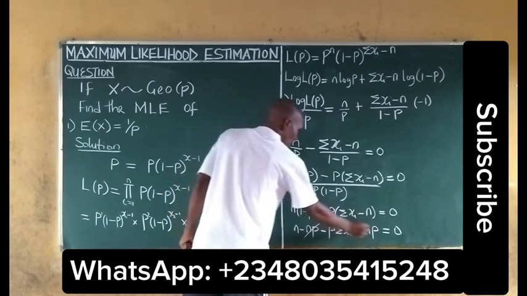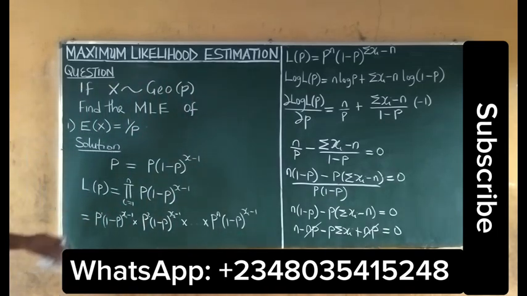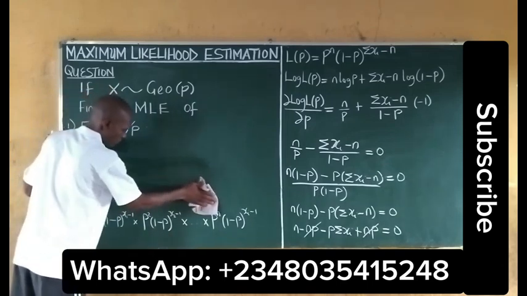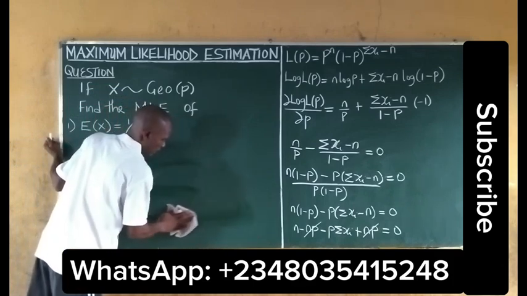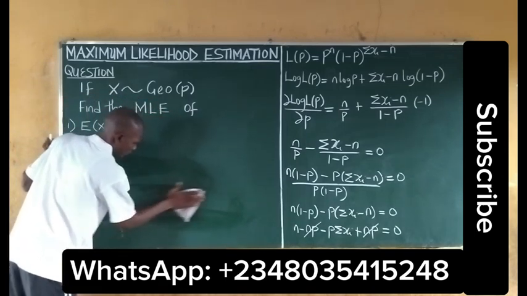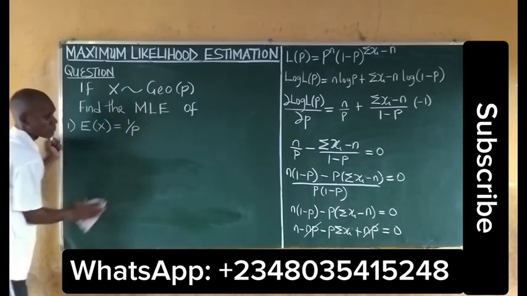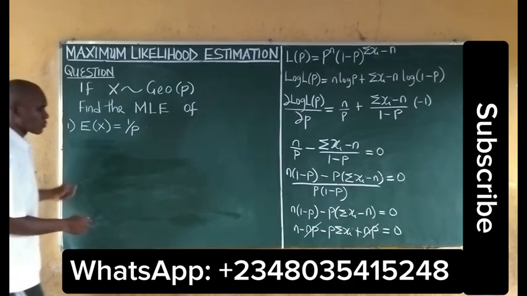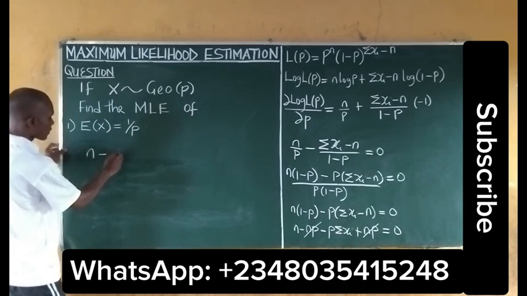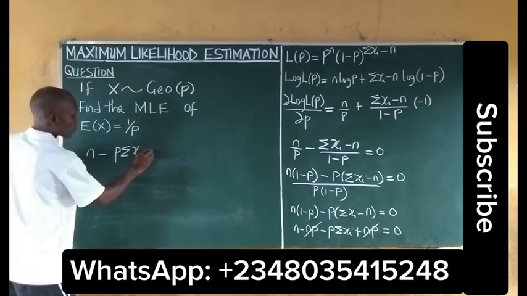Of course, this will cancel this, so we are left with n minus p summation of xi to be equal to 0.